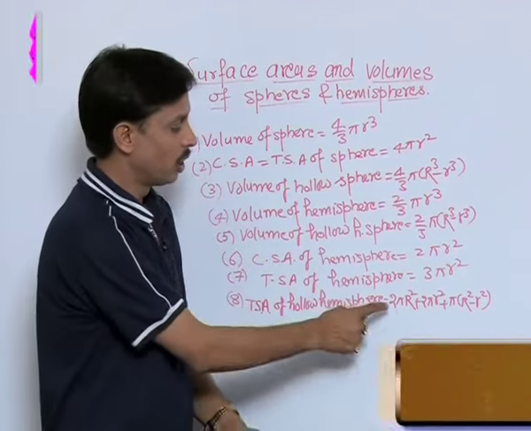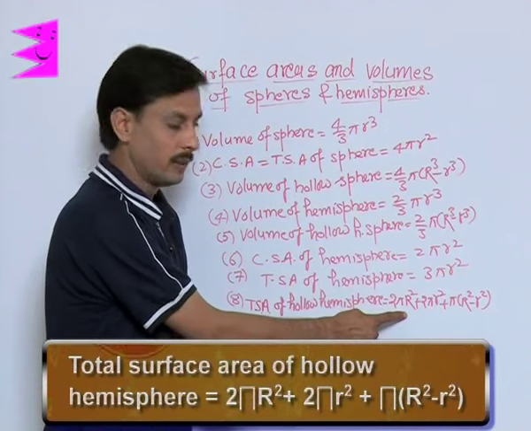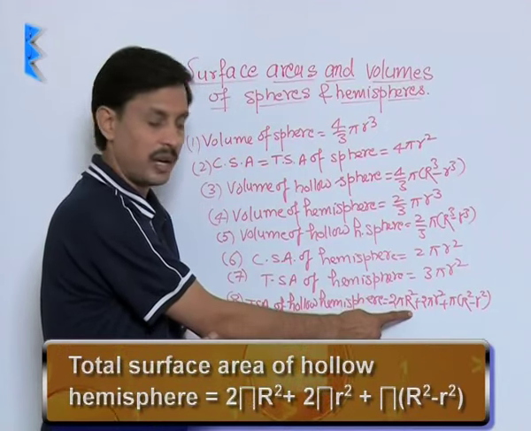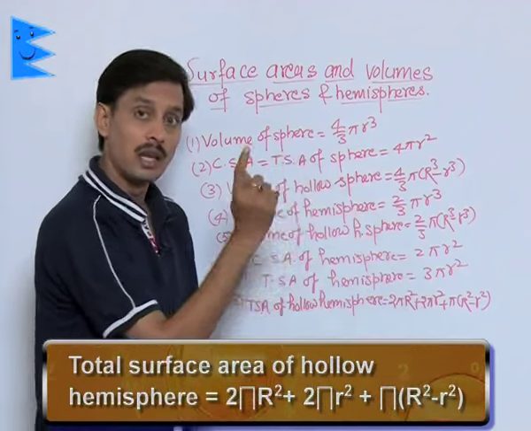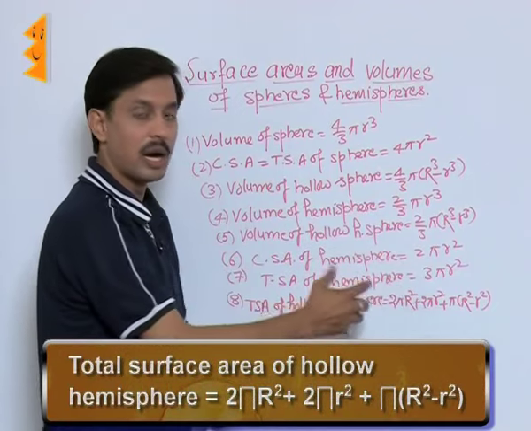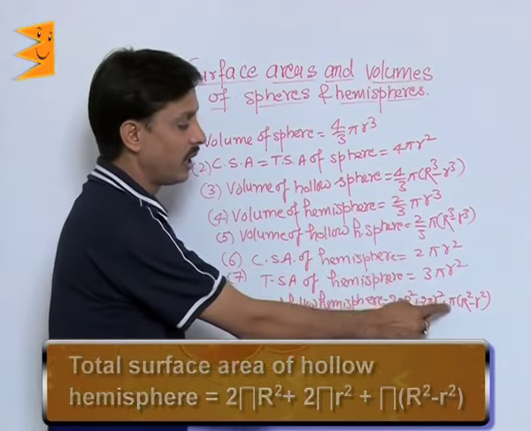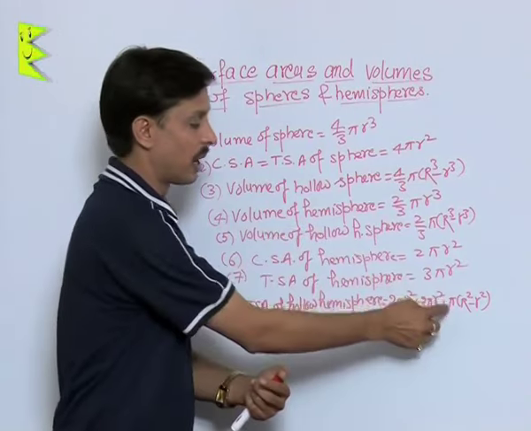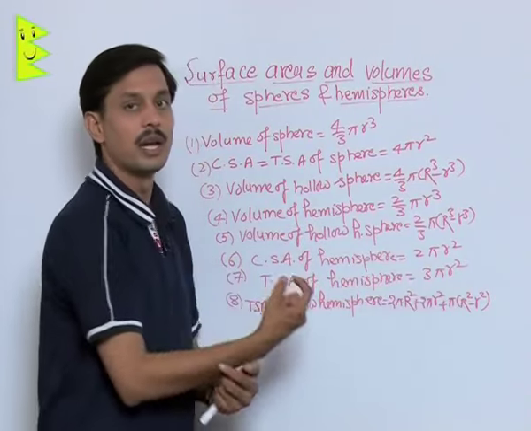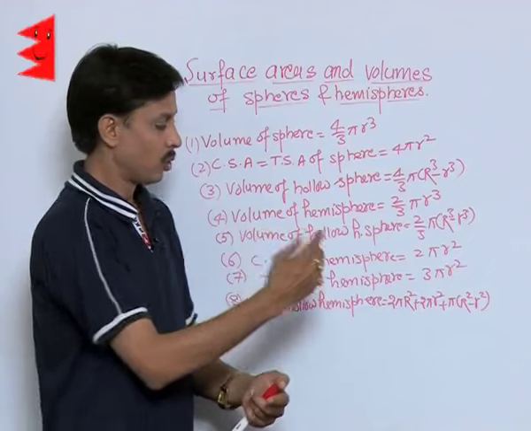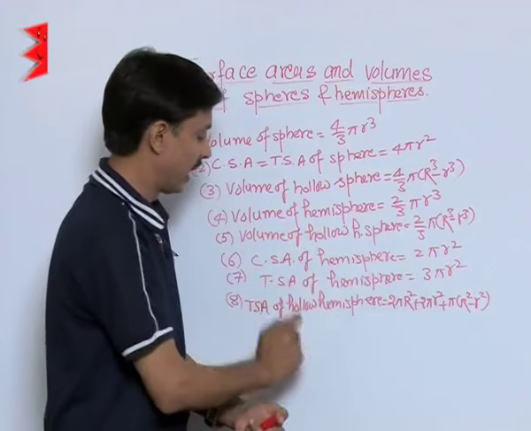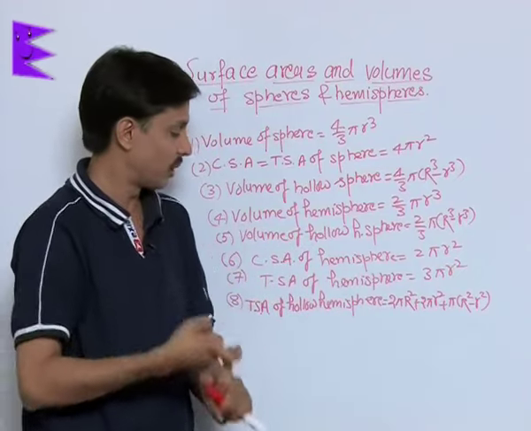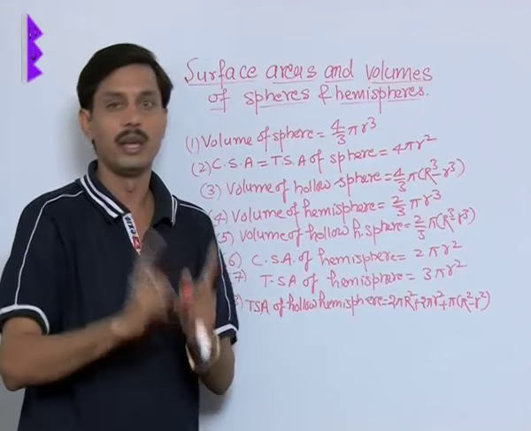So the formula is 2 pi capital R square, where R is the external radius, plus 2 pi small r square, small r is the internal radius, and the area of the ring, that is pi capital R square minus small r square. When these three areas are added, we get the total surface area of the hemisphere.